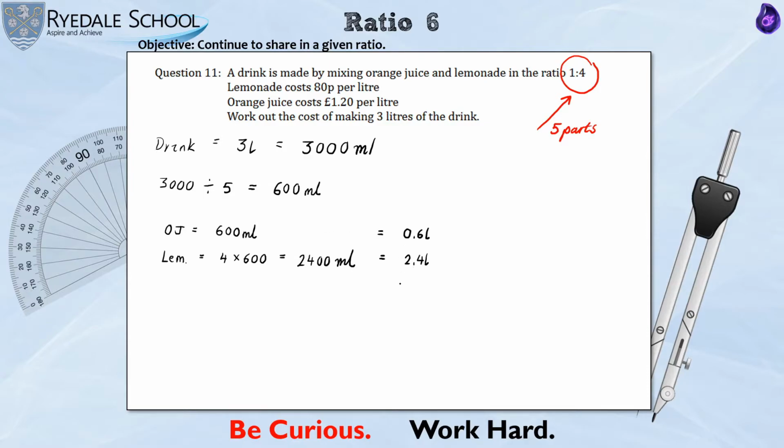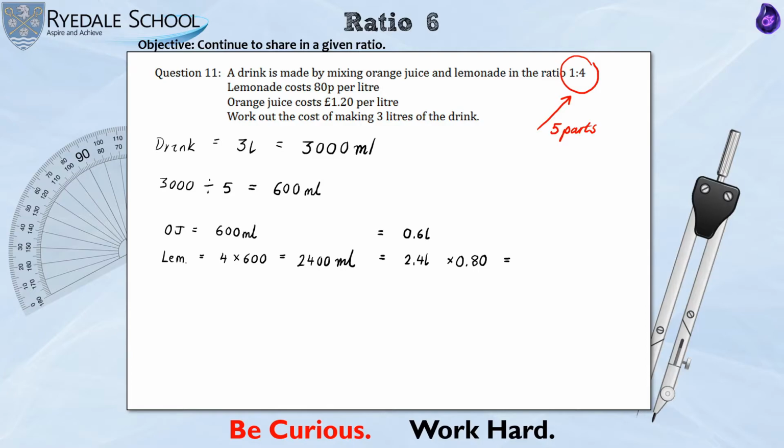So we now know that the 3 litres of my drink is split into 0.6 of orange juice and 2.4 of lemonade. We know that lemonade is 80p per litre. I'm going to turn that into pounds. So I need to do 2.4 times 0.8. You could use a calculator to do this if you're not confident, or you could use a written method.